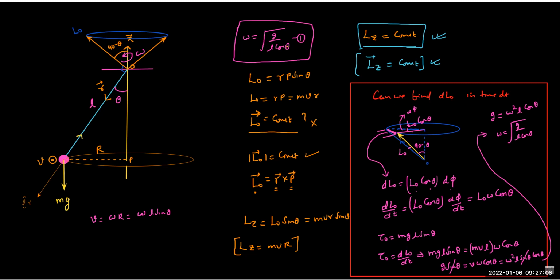So what is the takeaway from here? Now let's go back to the torque derivation. I told you the torque about the z-axis is 0, right?